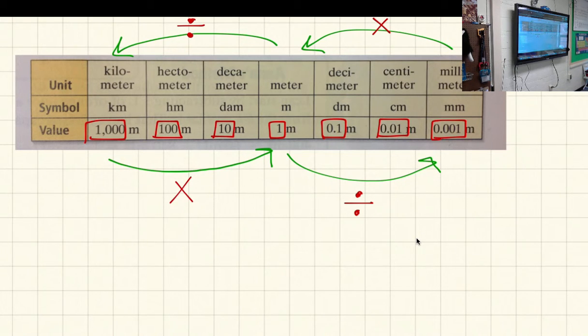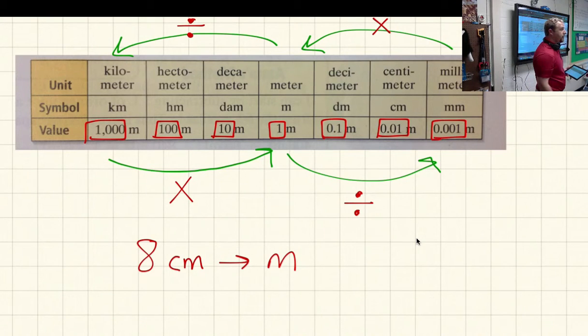Finn, I want to say that I'm going from 8 centimeters to meters. Okay, first of all, where am I at on the chart? What operation am I going to tell you to do? Multiply. I'm going from centi towards the center.